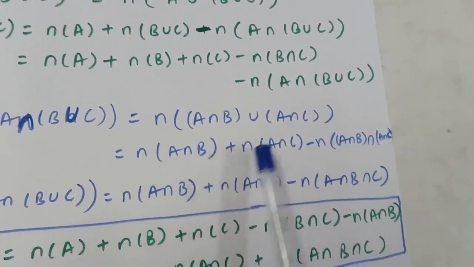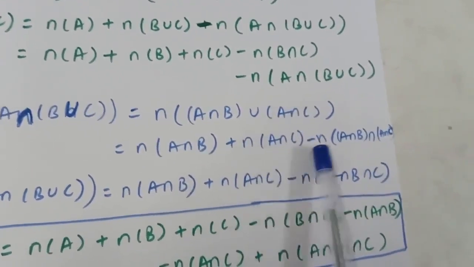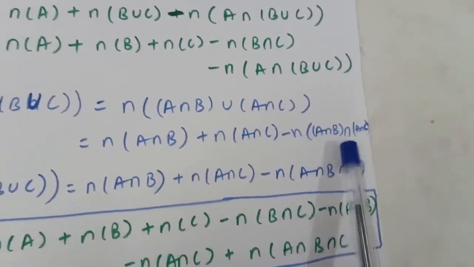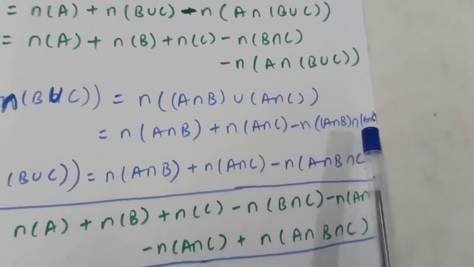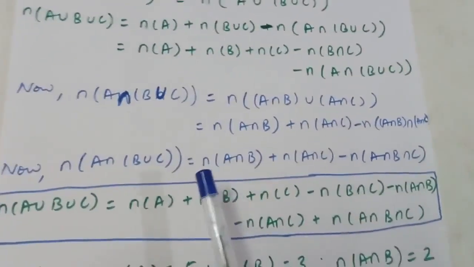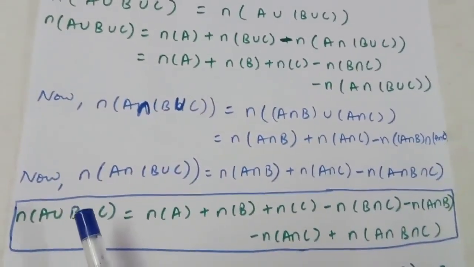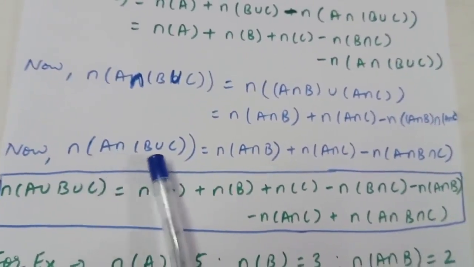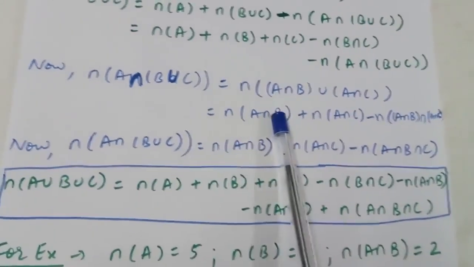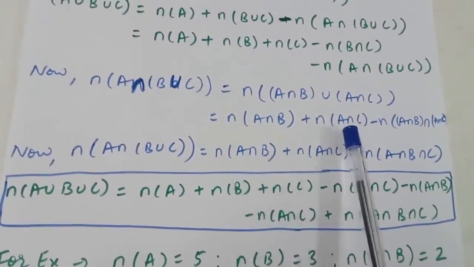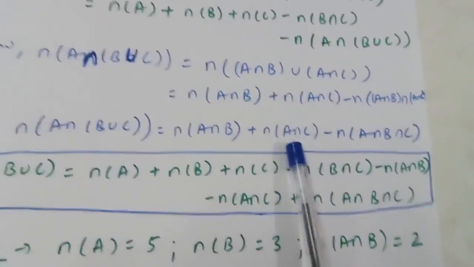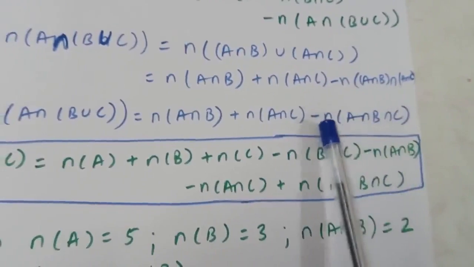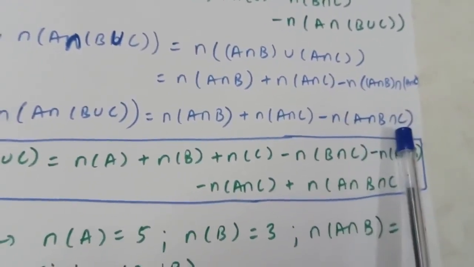A intersection B. B is what? A intersection C minus number of elements in A intersection B intersection A intersection C. Right? So we got it as number of elements in A intersection B union C, number of elements in A intersection B, plus number of elements in A intersection C minus this intersection, which is nothing but A intersection B intersection C.